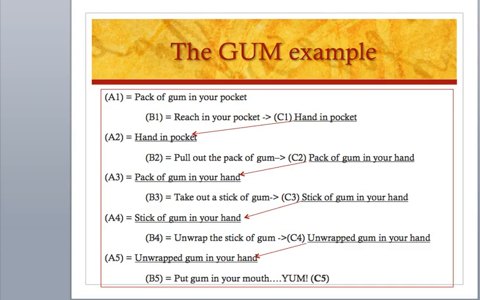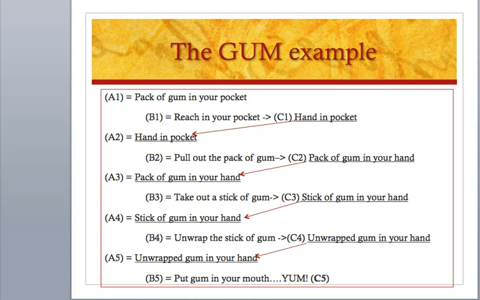This is an example of taking a piece of gum out and putting it in your mouth so you can chew it. Our first ABC unit is that you have a pack of gum. You can feel the pack of gum in your pocket. That's your antecedent. Your behavior 1 is to reach into your pocket, and the result, C1, is that your hand is in your pocket, and maybe you can feel that pack of gum.